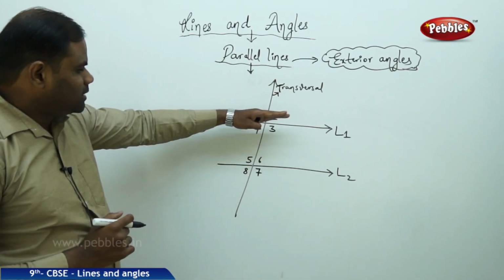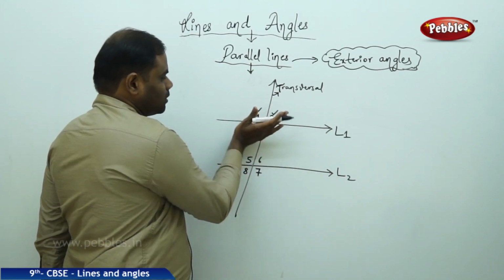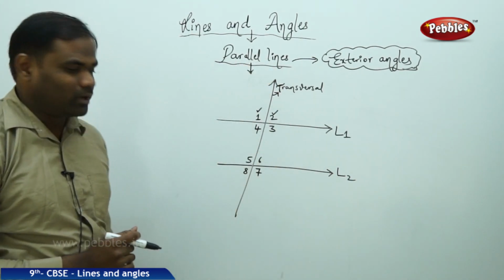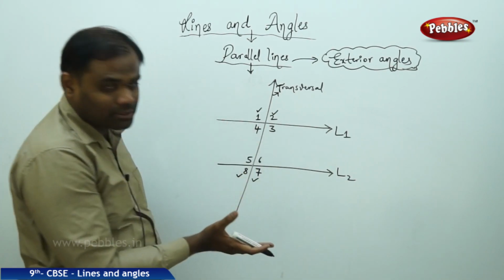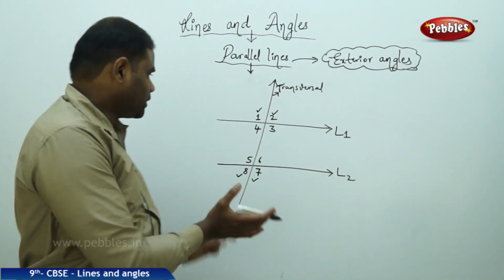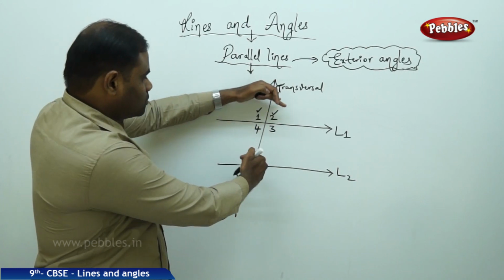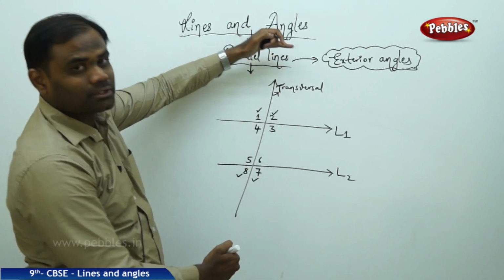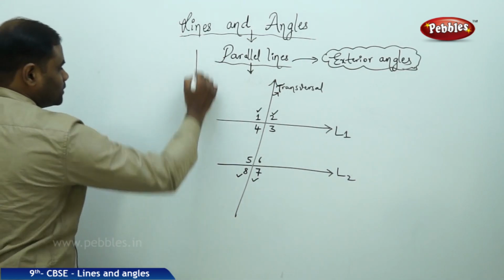Now clearly when we see this, we see that angle 1, angle 2 are the exterior of line L1 and angle 8 and angle 7 are in the exterior region of the line L2, wherein this is the interior region of the parallel lines. So these 2 and these 2 being in the exterior region are called the exterior angles.